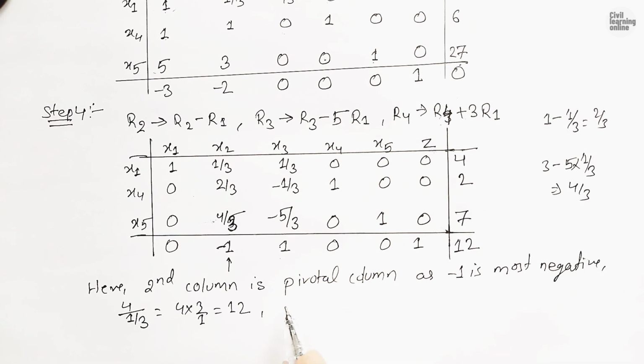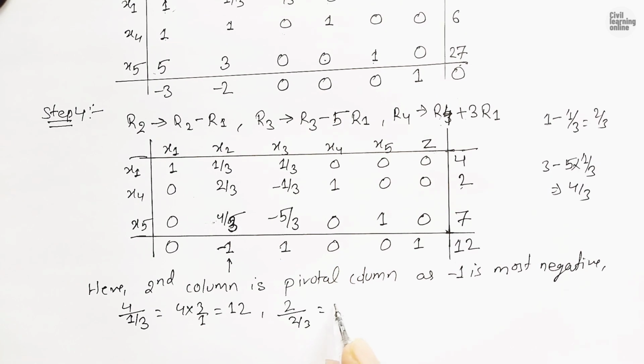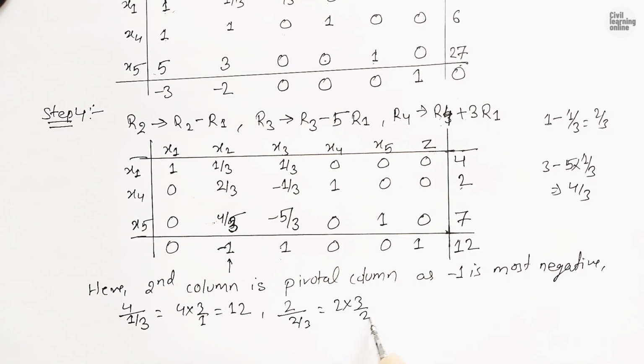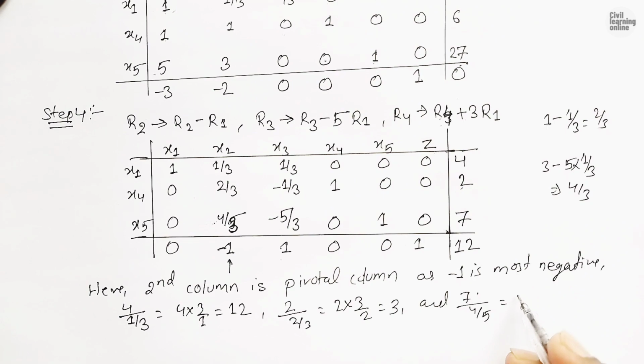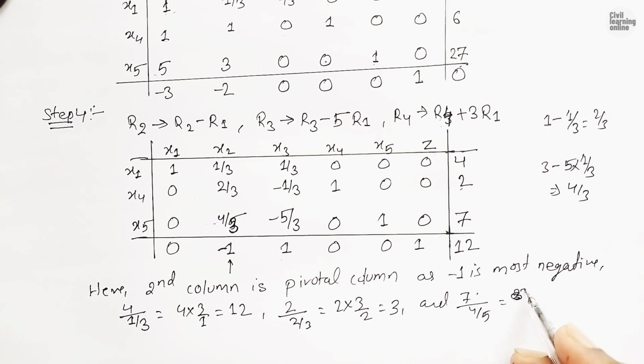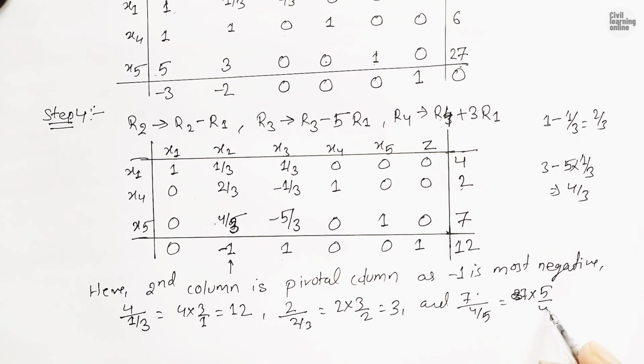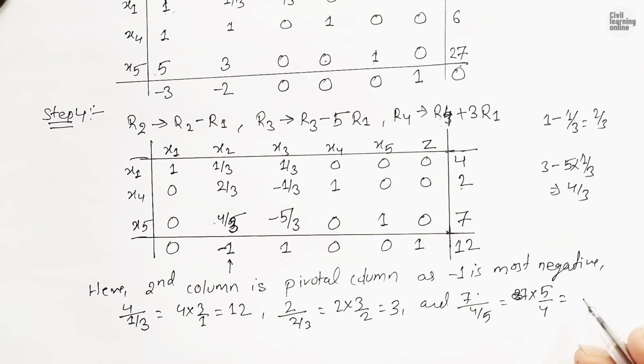Similarly, we need to divide 2 by 2 by 3. So 2 times 3 by 2 is going to be 3, and 7 divided by 4 by 3, so 7 times 3 by 4 means 21 by 4.